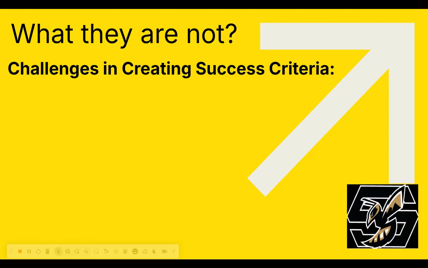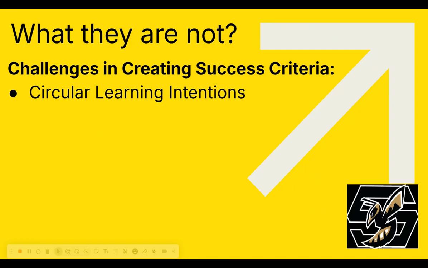Now, what they aren't are circular learning intentions. That means you took a learning intention and restated that in the success criteria exactly, and it's just circular. There is a deeper learning to what the student is going to know and be able to do.